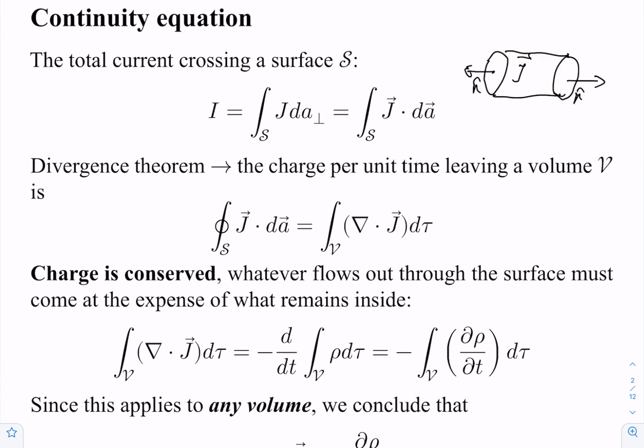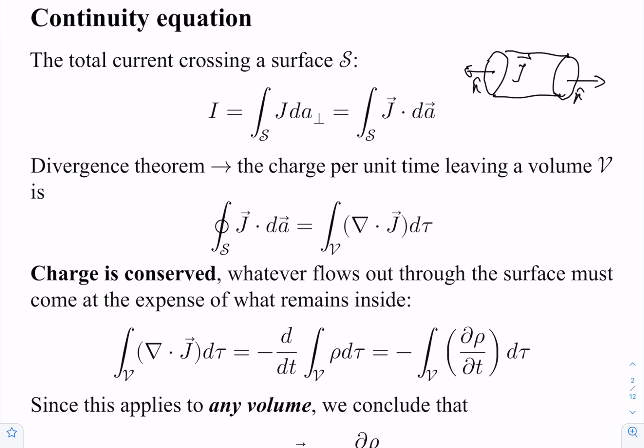So this volume integral should be related to the derivative of the volume charge integral. Because this is flowing out, it equals the negative of the change of the total charge, because flowing out equals a decrease of the total charge. This is simply the charge conservation law.